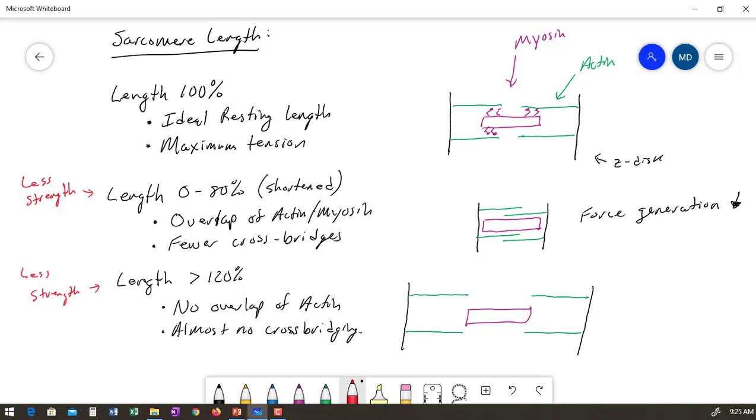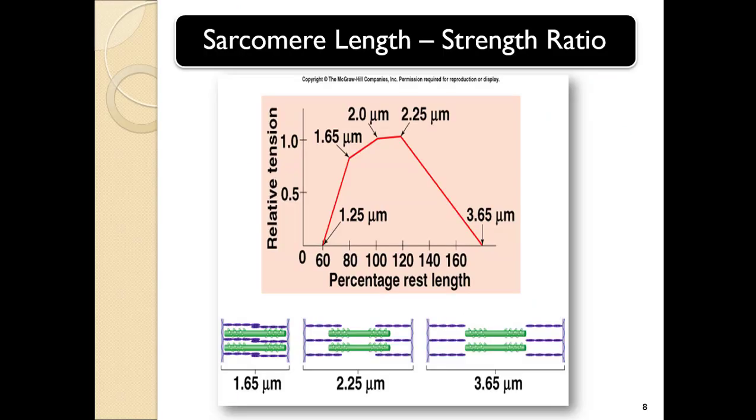Okay, so now let's take a look back at our slides. This picture shows nicely the force generation that I was just talking about. Let me describe it for you. This picture is showing power on this scale, so relative tension. As we go higher here, our muscle is generating more power.